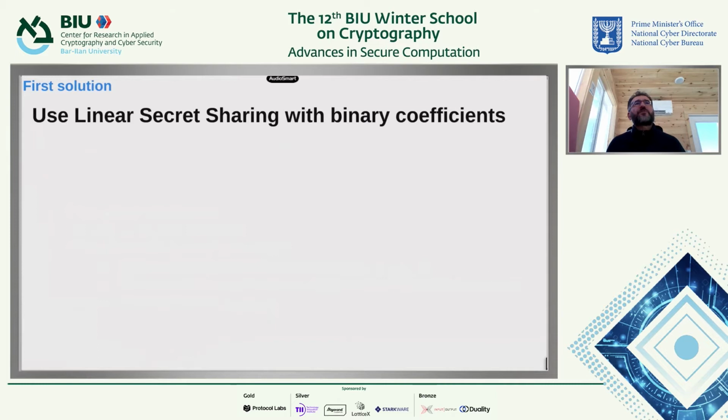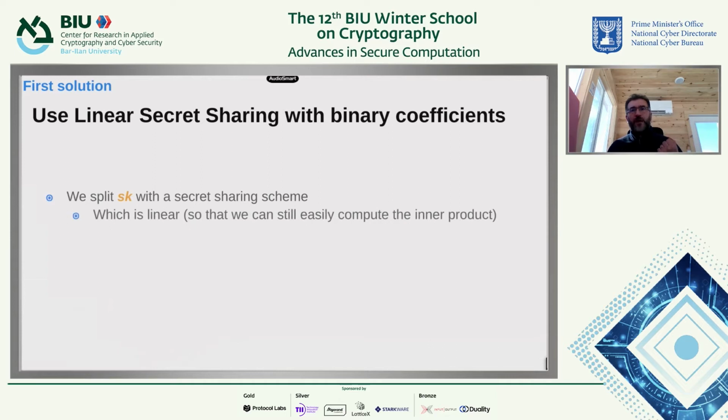So we propose two solutions. The first one is don't do Shamir. There are plenty of secret sharings out there in the literature that are different from Shamir's. In particular, what we want is a linear secret sharing. Why do we want it linear? Because we want the ability to compute the inner product efficiently from the shares.